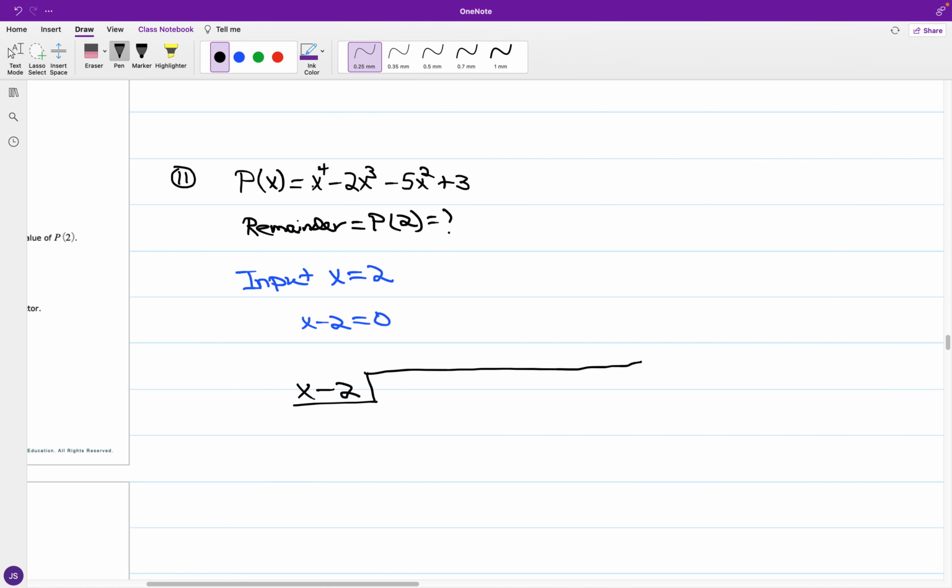With the polynomial dividend, we have x to the 4th minus 2x cubed minus 5x squared. Now we don't have a first order x term, so we're going to apply a 0 placeholder. And we finally have plus 3.